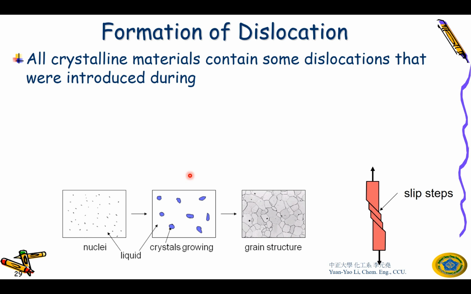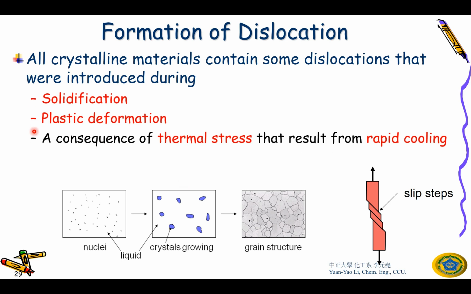We know the formation of vacancies is because of solidification or rapid cooling. However, that's for zero-dimensional defects, but for one-dimensional defects it is the same. All crystalline materials contain some dislocations, which were introduced during solidification or plastic deformation.